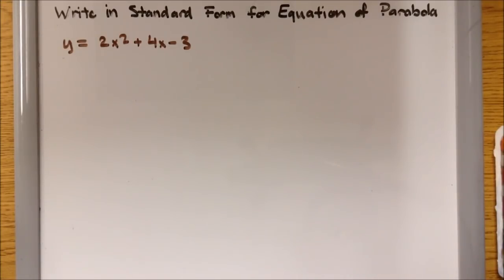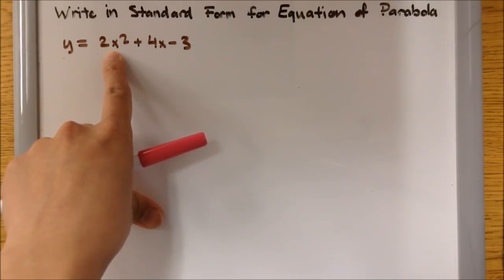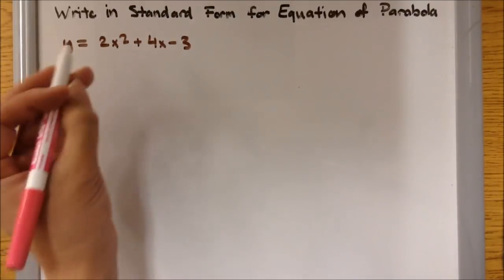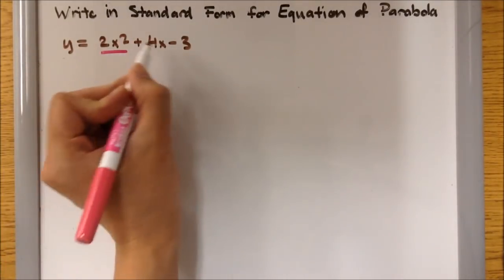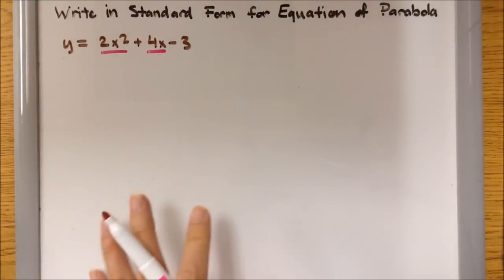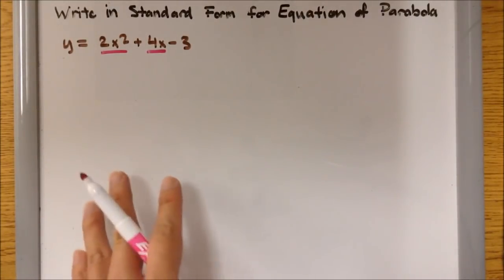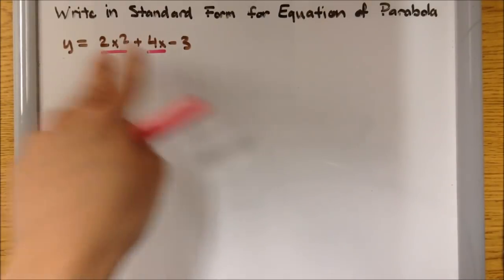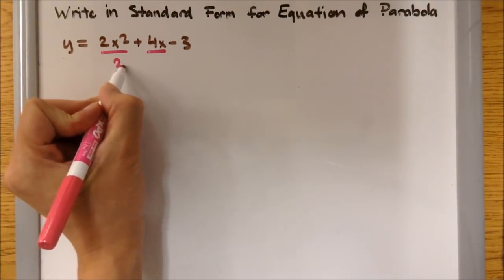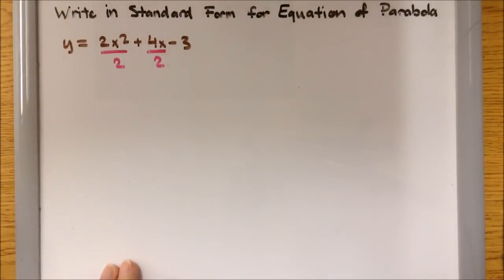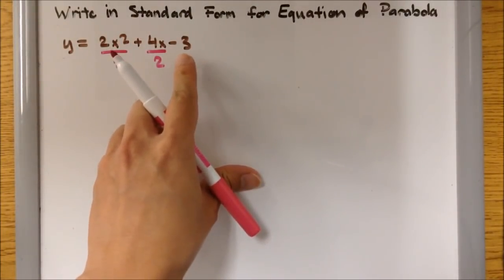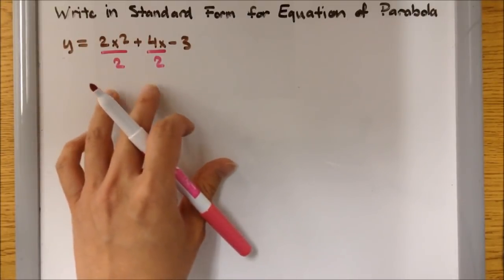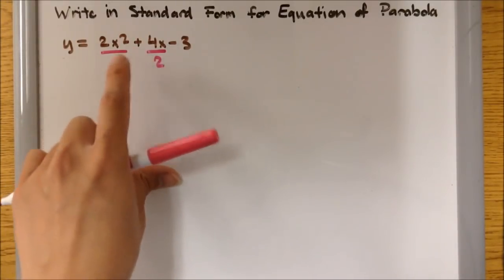Alright, so with this example, our first job is, the one with the square, I want to factor out the number that's in front of the square, so the 2. And I'm only going to factor out the number from where there's x. So we're going to factor out the 2 from both x terms. I'm not going to factor out the 2 from the last number, just the first two terms because they both have x.